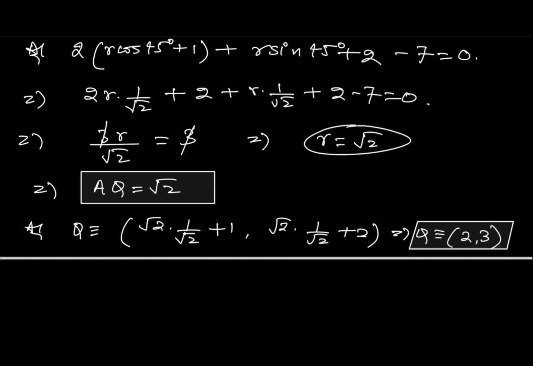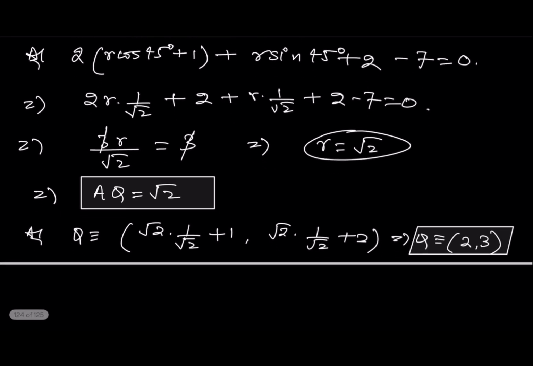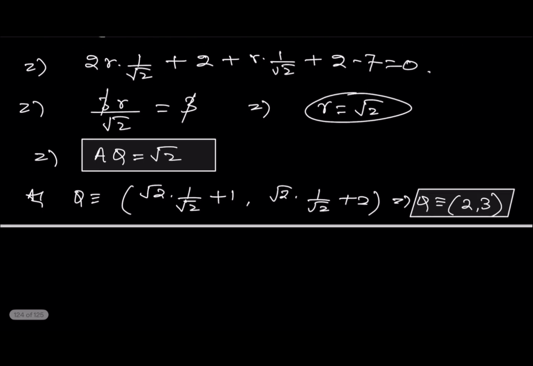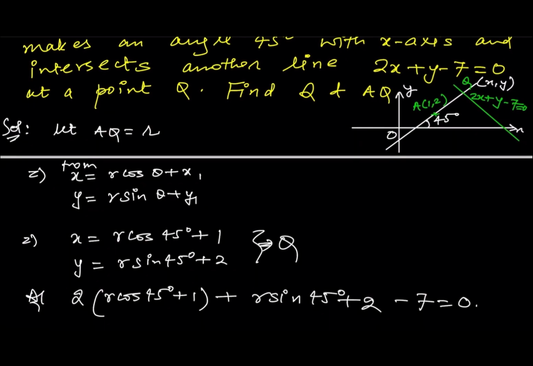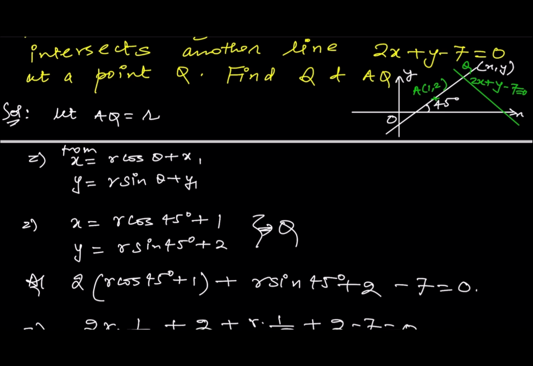Okay, so what I have seen in this particular example is that I could do this question by using two methods, but still the student is thinking I would use slope point form only, and then after solving the two lines I would find Q and then AQ.